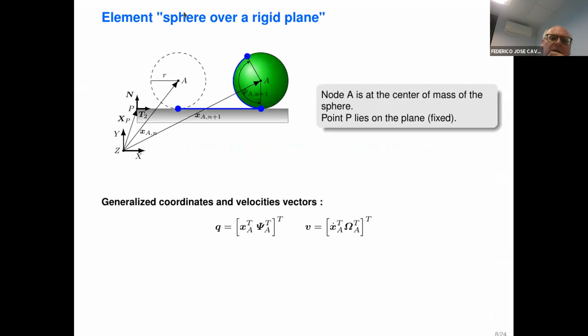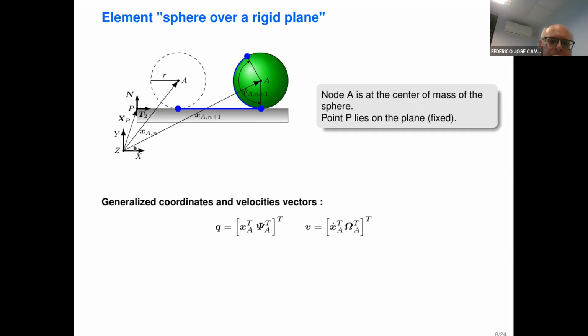The element that I present here is a sphere in contact with the plane. The picture is in 2D, but the equations are for a general 3D movement. Here we have the sphere with the node A at the center of mass.